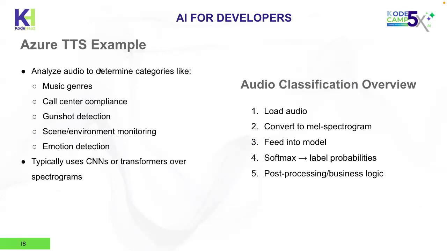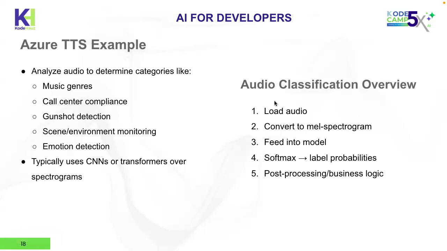So this is also what you can do with Azure. You can analyze audio to determine categories, like music genre, call center compliance, gunshot detection, scene environment monitoring, emotion detection. We've talked about things like this. And Azure typically uses CNNs or transformers over spectrograms. Spectrograms are kind of the older way of doing it, right?